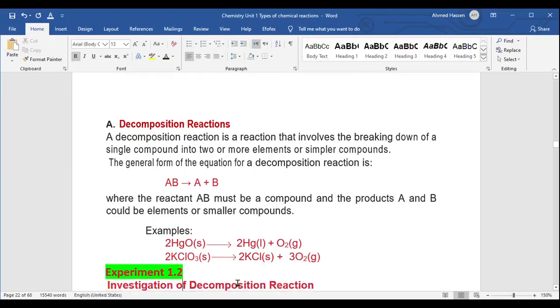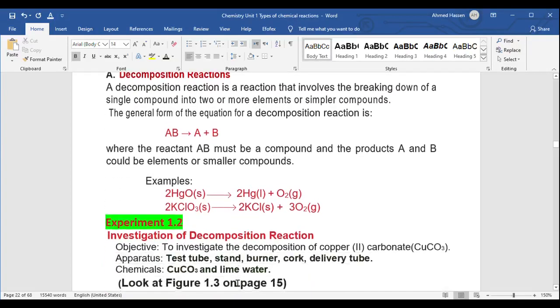When you come to the experimental part, experiment 1.2, investigation of decomposition reaction. The objective is to investigate the decomposition of copper(II) carbonate. The apparatus used are a test tube, stand, burner, cork and delivery tube.